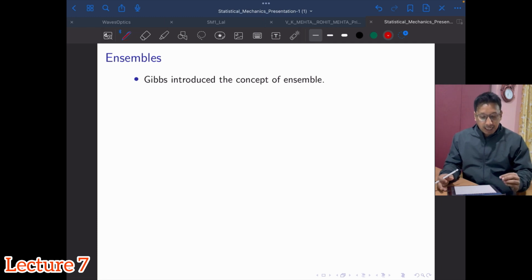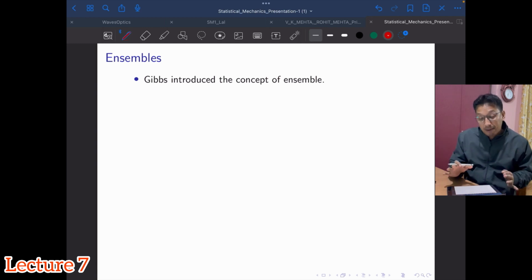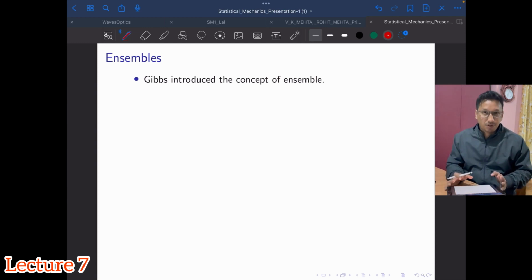Now, if you do any macroscopic measurement of two different gases which are kept under similar macroscopic conditions, so the macroscopic condition is the same, it's really hard to distinguish between them.